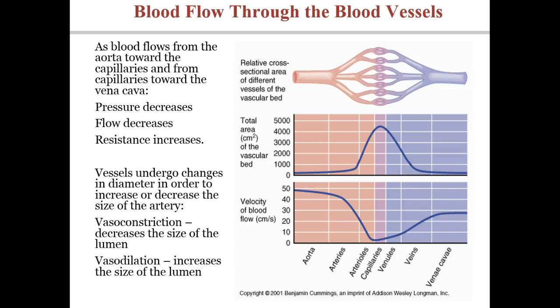But if the blood, when it gets to the tissue area, is not under a pressure, doesn't have a pressure gradient, so if it's not under more pressure than what's pushing back from the tissues, it's not going to go out there. So let's define a few things here, not that you're going to be tested on that, but so we kind of have an idea of what we're talking about here.